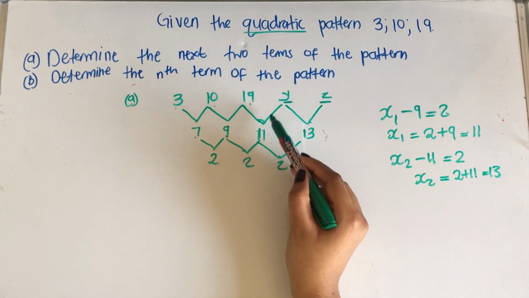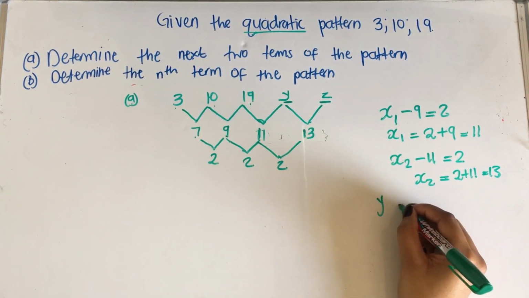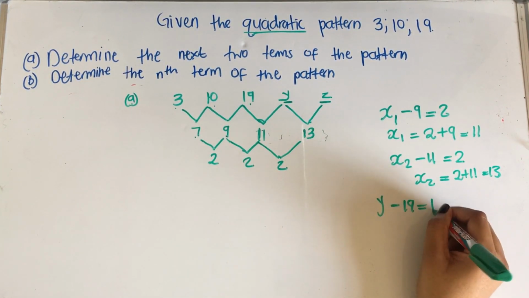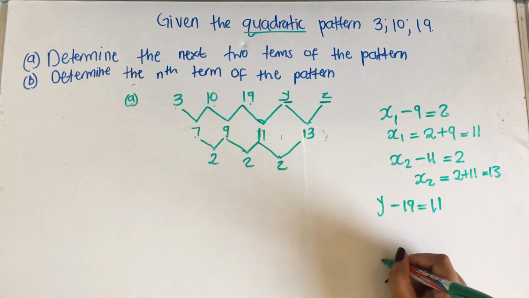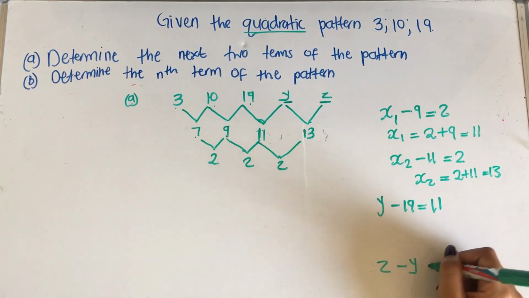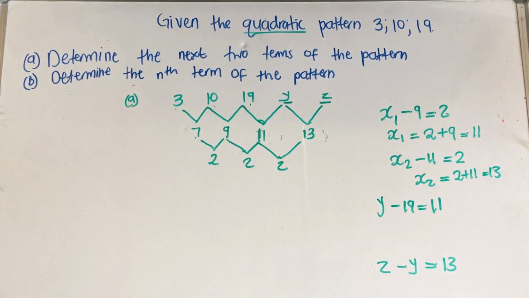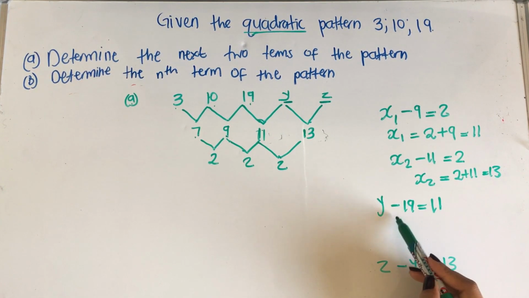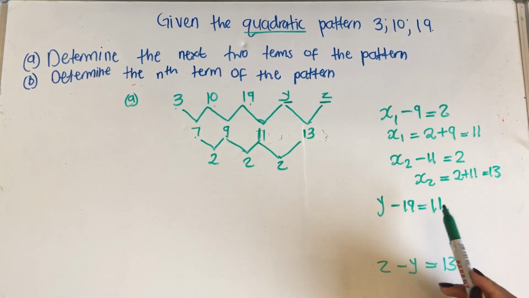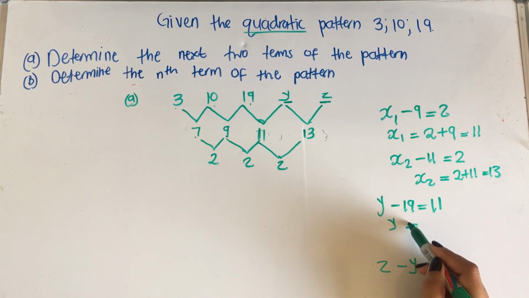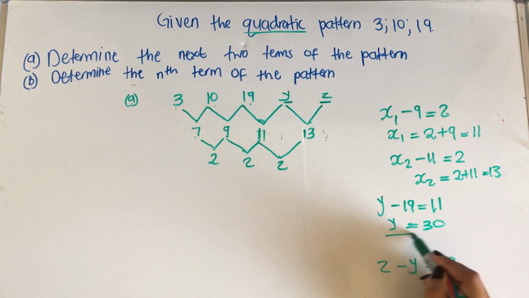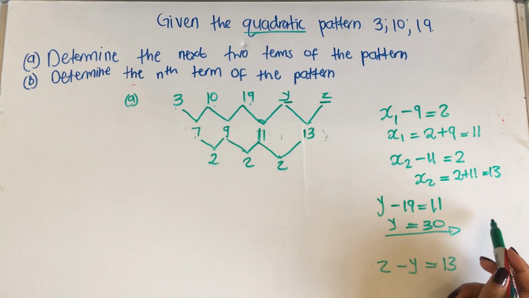Y minus 19 is equal to 11. Okay? The same applies with z. So it's going to be z minus y is equal to 13. Now y minus 19 is equal to 11, therefore y is equal to 30, because 11 plus 19 will give us 30, right?